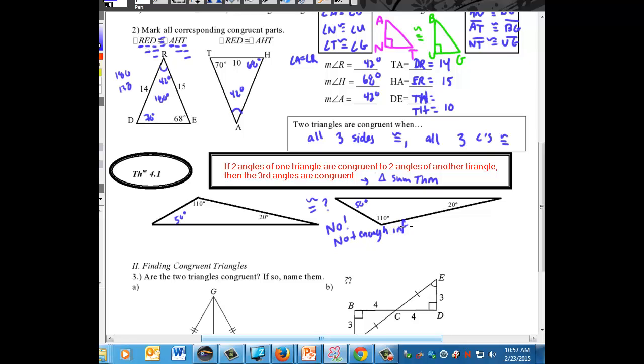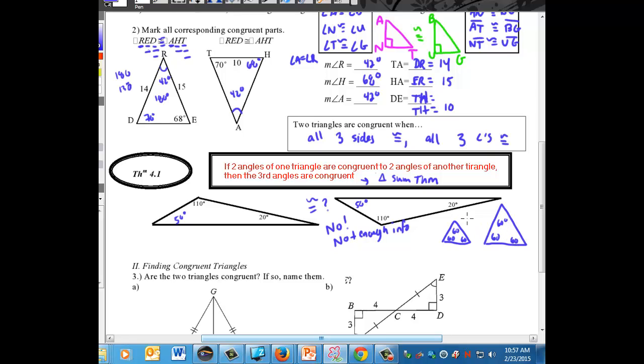And here's why. If I drew an equiangular and equilateral triangle, that means all angles are going to be 60 degrees. I can draw a second equilateral and equiangular triangle and say all angles are 60 degrees.